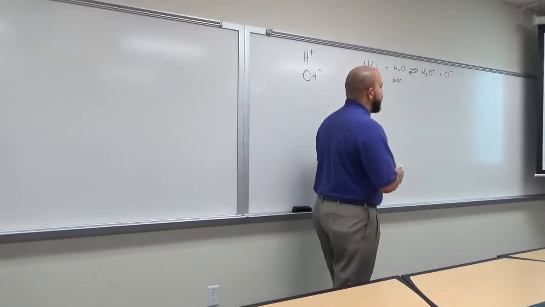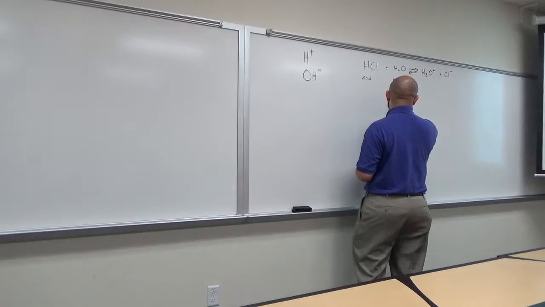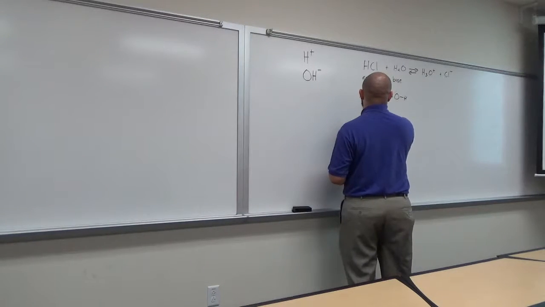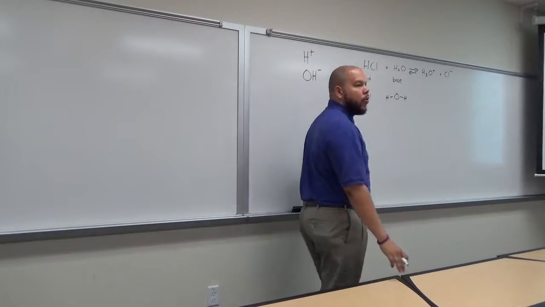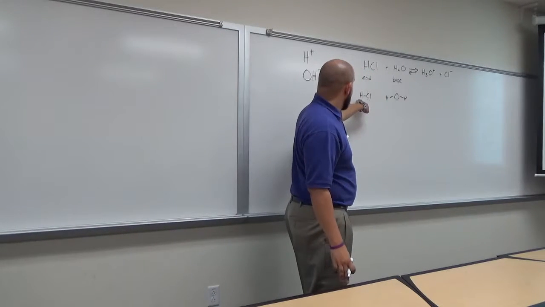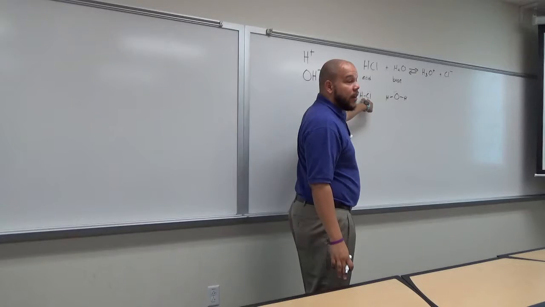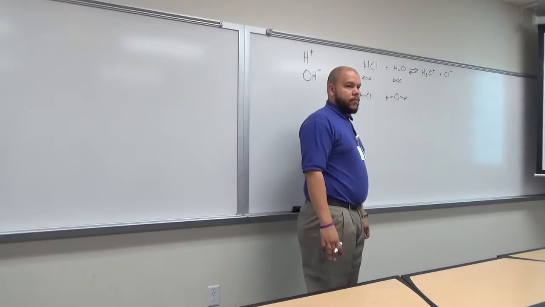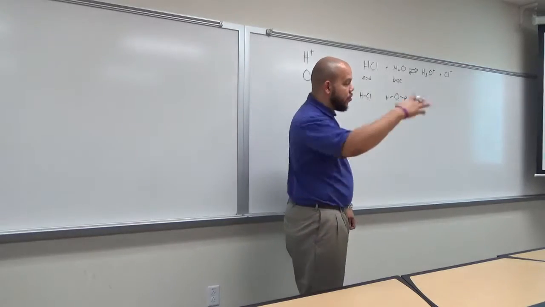Where's the lone pair? The lone pair is on the oxygen on water. If we look at oxygen, we see this H is losing its one electron it brought to the ball game to chloride. Why? Goes back to your Gen Chem 1.